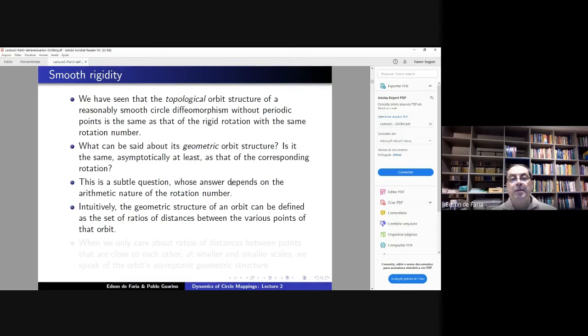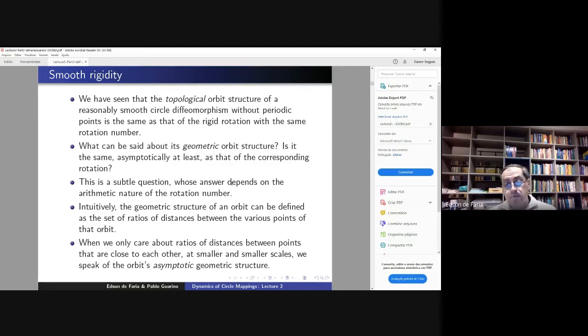And then as you increase n, you try to compare this with what happens with the rotation. And if it's asymptotically the same, if the ratios become asymptotically the same, then you say that the geometric structure is the same, okay?